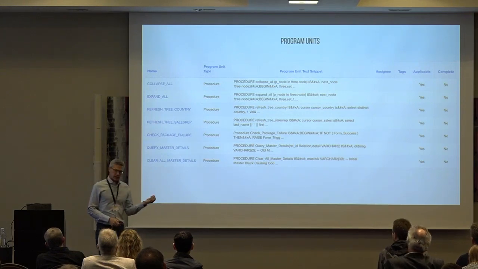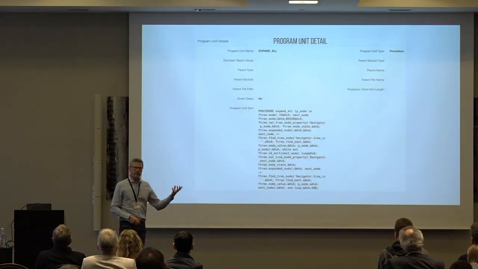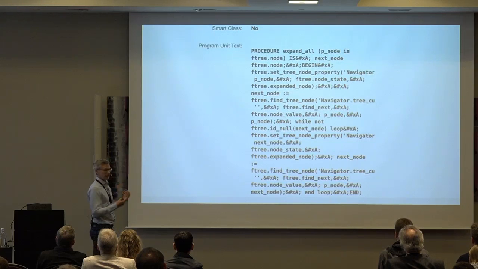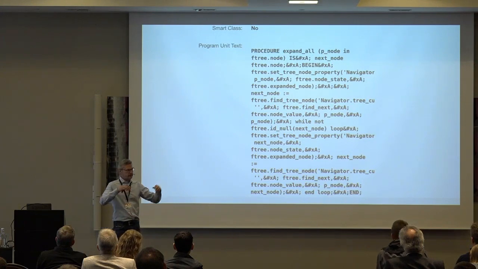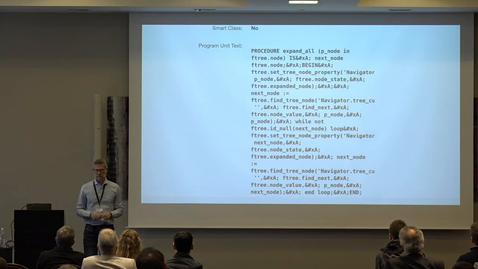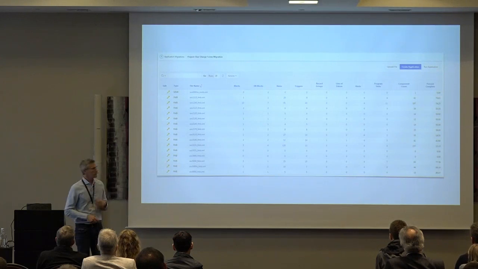You might want to get that source code and reuse it, and you can look into the details of it, but it's kind of tricky to read, and then you have to interpret what is going on. There's a procedure expand_all, and it does something with a tree node, and so on. So you still have to do a lot of interpretation yourself in order to understand what's going on in that form.